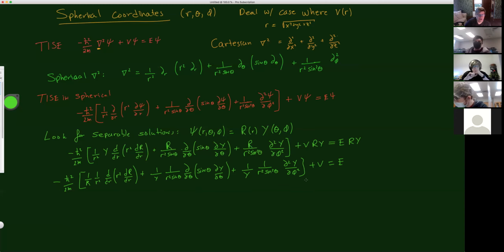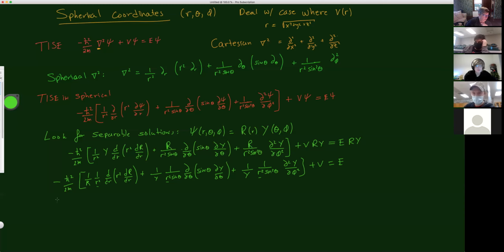I'm also going to multiply everywhere by little r squared, because there's a little r squared here, here, and here, so I can multiply everybody by r squared and move it up to the top instead of having it on the bottom. Is that okay with you? And I'm also trying to group everything that depends on r in one area, and everything that depends on phi and theta in the other area.